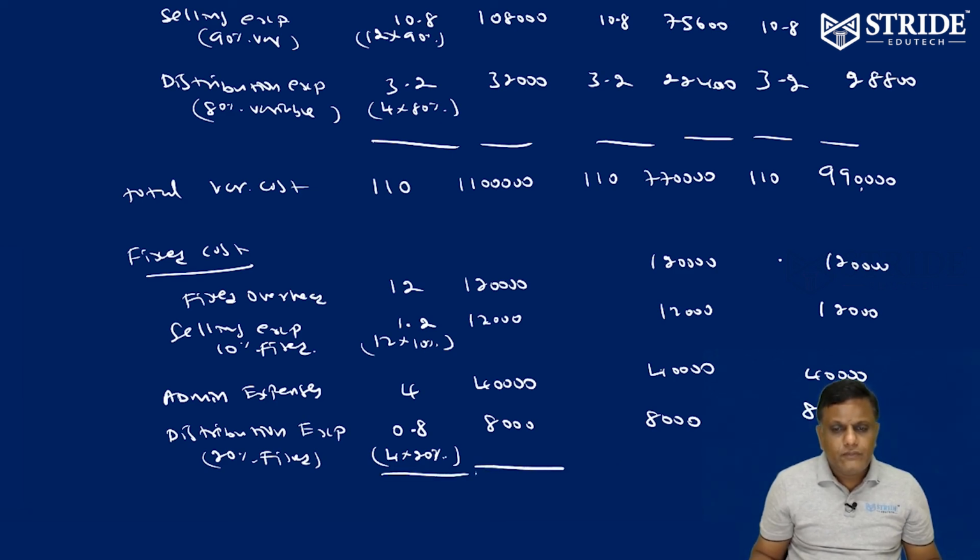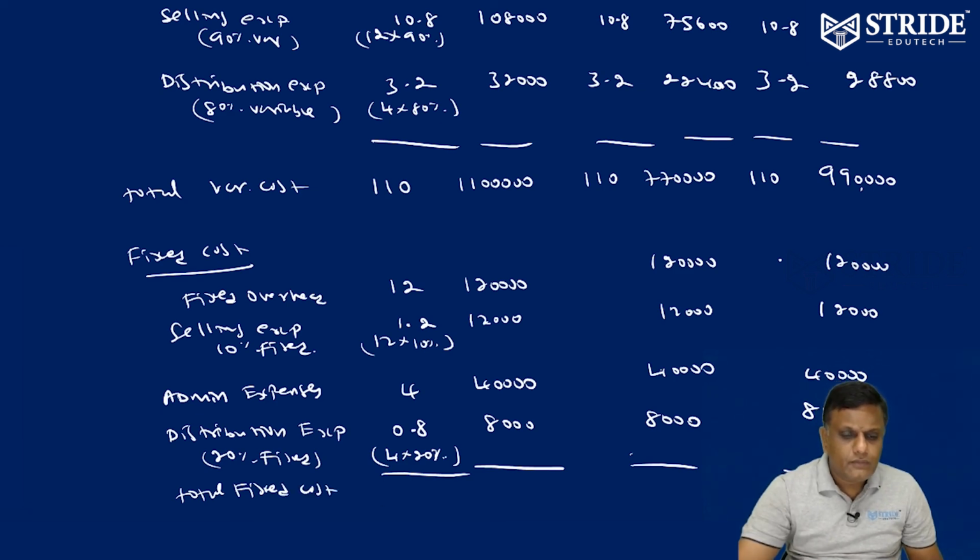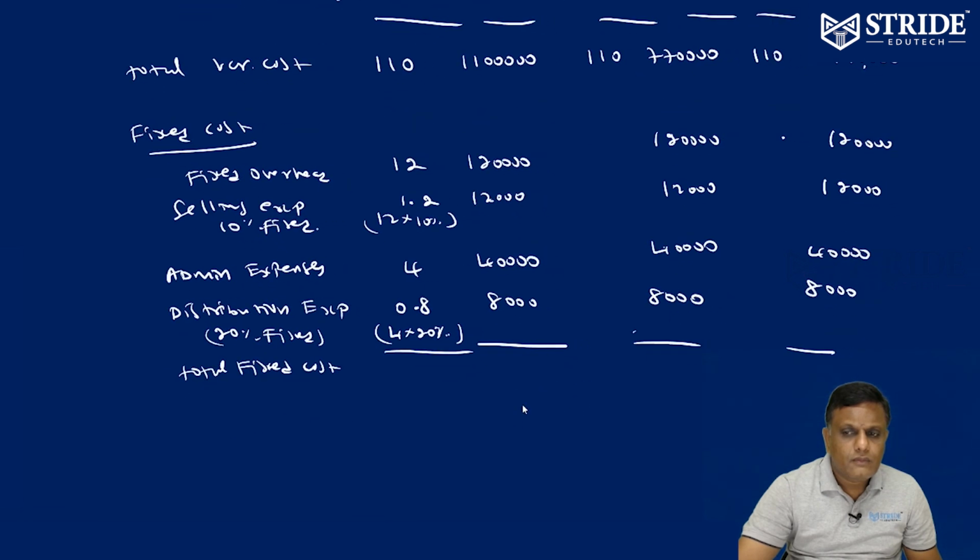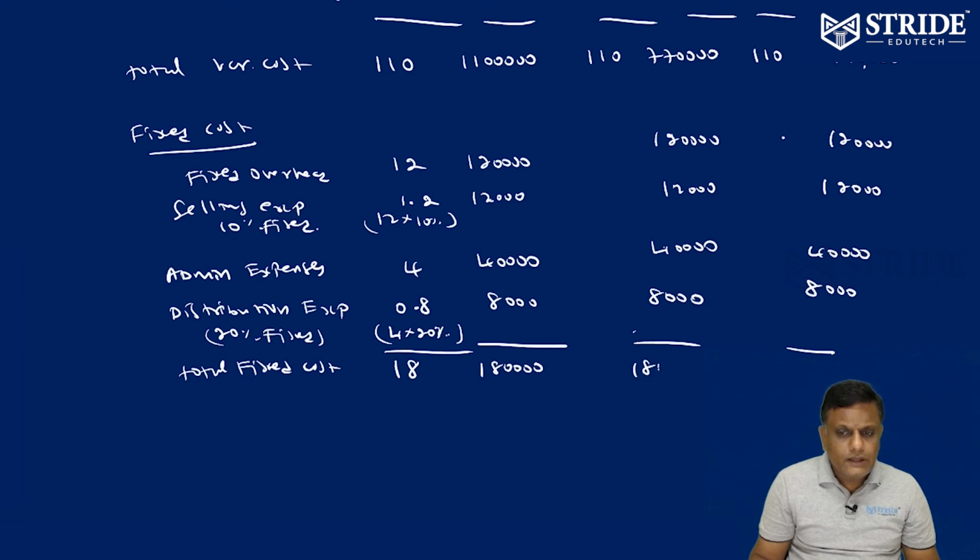That's it. We have to make the total now. So total fixed cost is 1,80,000, 1,80,000, 1,80,000. Fixed cost always remains the same irrespective of output. This is the total fixed cost.